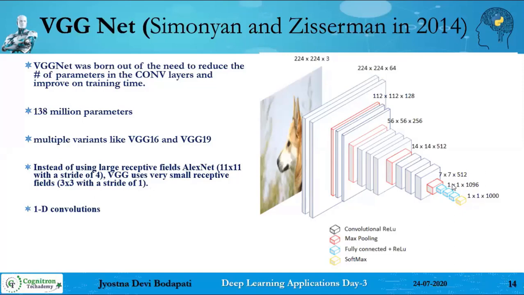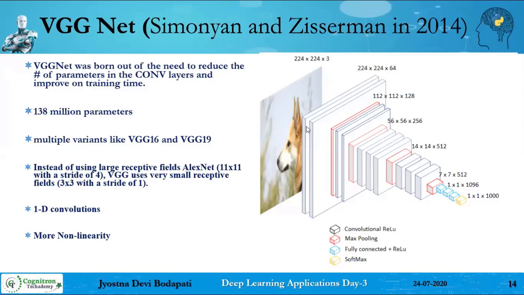And if you observe, in the VGG architecture, 1D convolutions were introduced. You can see there are 2 convolution blocks, followed by the red line, which indicates the max pooling, then followed by 2 convolution blocks, then the max pooling, then 3 convolution blocks, max pooling.